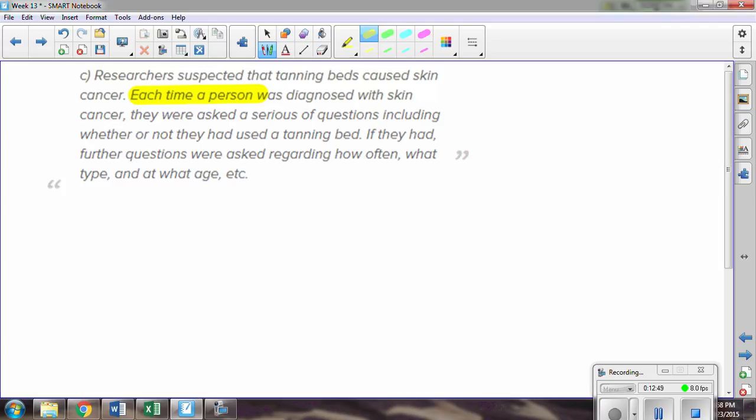They're not doing anything like that. All they're doing is looking at what has already happened. You already have skin cancer. So now let's go back and observe things that happen naturally and see if that causes anything. So this one is an observational study.